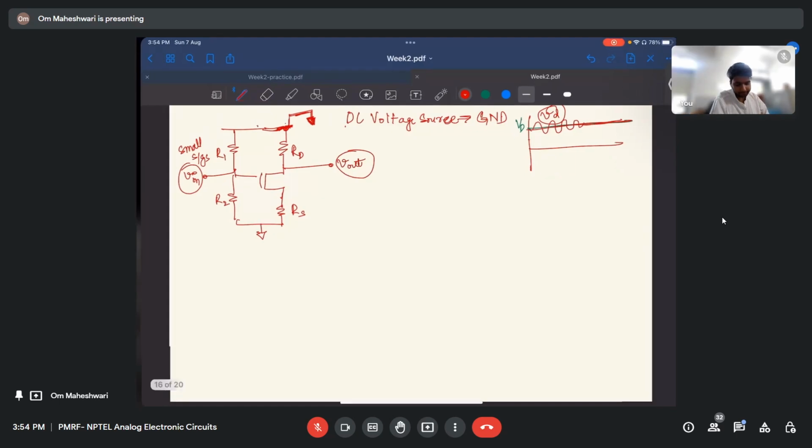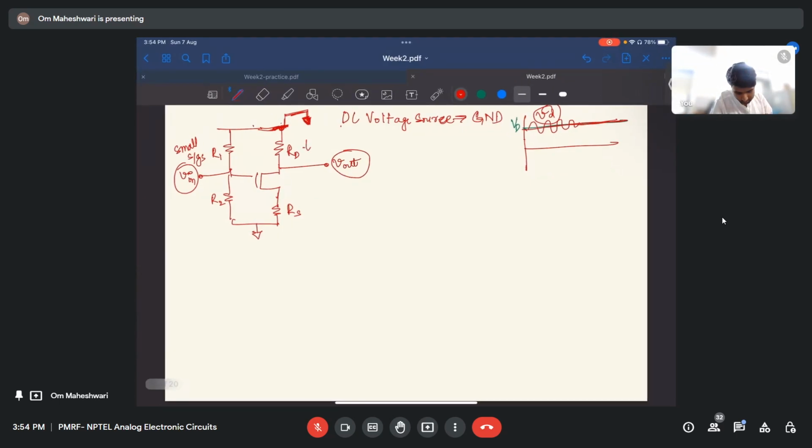So let's move ahead. The small signal current ID will be flowing here, right? If we solve this, I'll write the previous equation: ID equals GM VGS plus GD VDS. This is called the universal equation, and it can solve any question of small signals for MOSFETs.